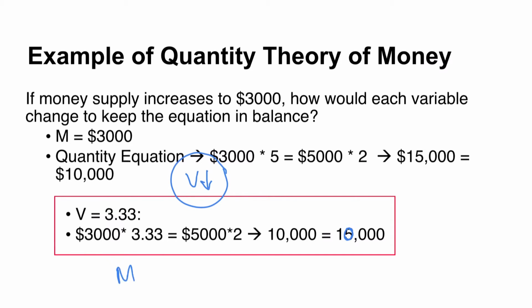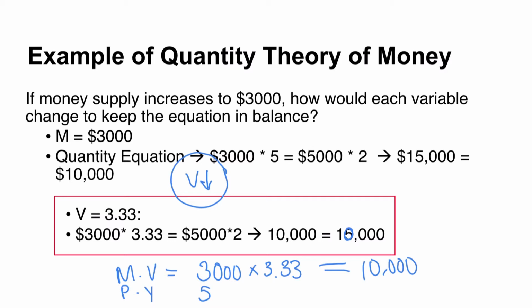So money supply times the new velocity, 3,000 times 3.33, gives us a value of 10,000. Price level and real GDP are not changing, so P times Y is not changing. 5,000 times 2 gives us 10,000. Okay, so the quantity equation is in check.